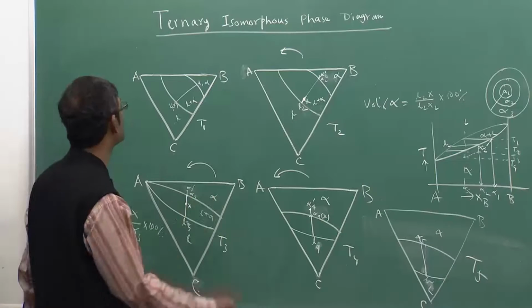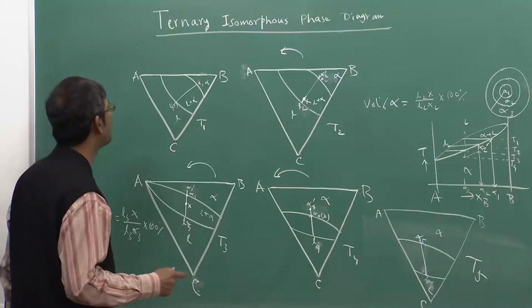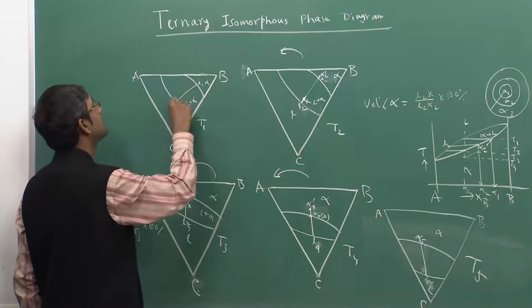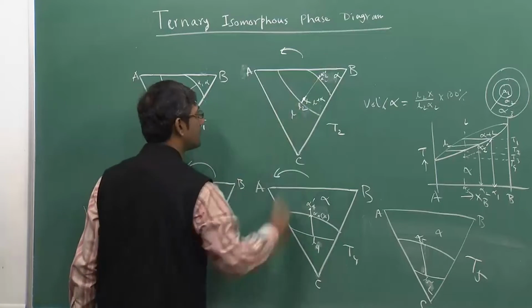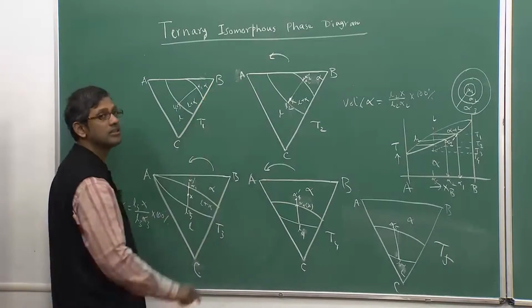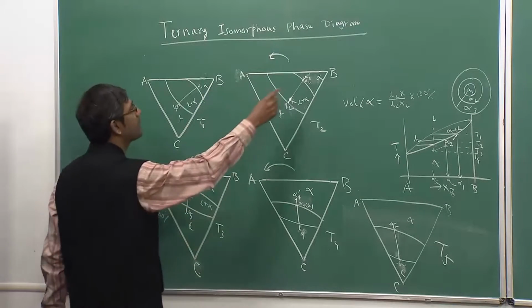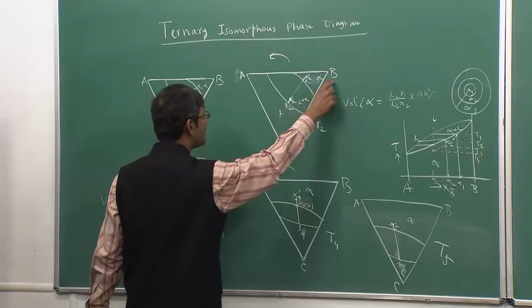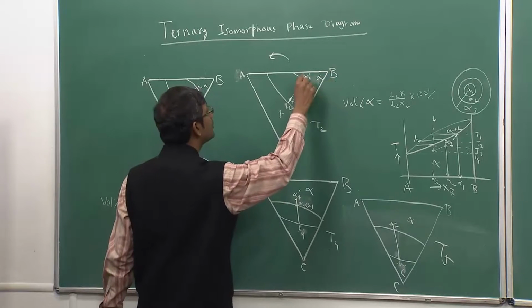One way of showing this non-equilibrium solidification is to extend this tie line a little bit ahead. Why? Because the solid will be richer in the component which has the highest melting temperature. As you see here, B is the highest melting temperature component, so it will be rich in that.